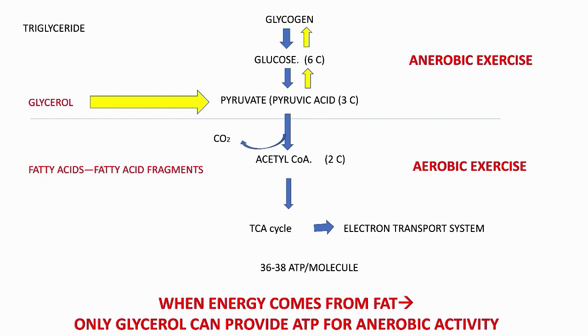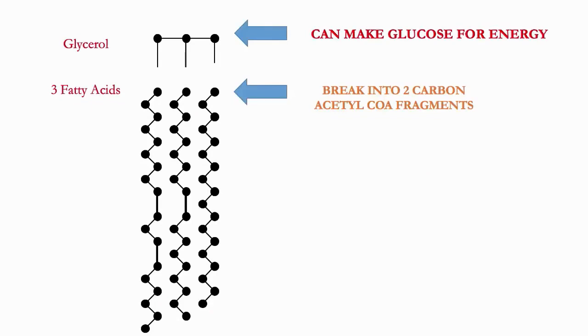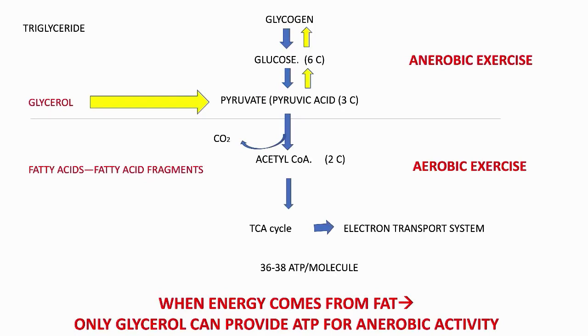So fat is really an inefficient source of energy for high-intensity, short-duration exercise. The fatty acids, which make up most of the carbons of a triglyceride, are able to enter into the mitochondria as these 2-carbon acetyl-CoA fragments, and therefore provide us with a lot more energy, but only for aerobic exercise.